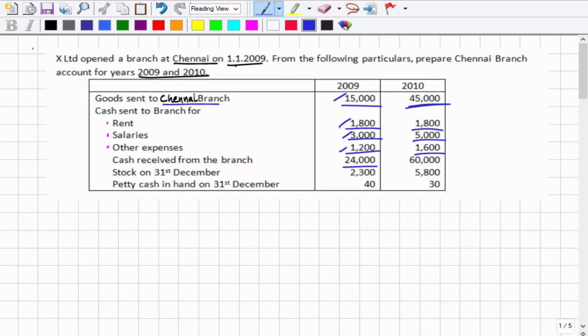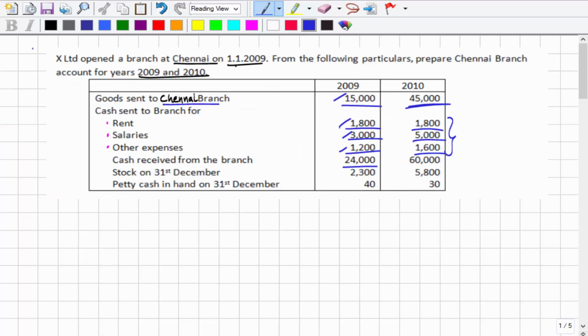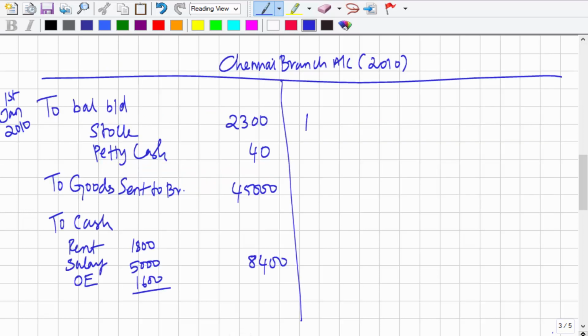The values are 1800, 5000 and 1600. So if we total all the three, we'll get 8400. Right, let's go back to the question. Any other item? Cash received from the branch is 60,000. So we'll say by cash. By cash received from the branch is 60,000.